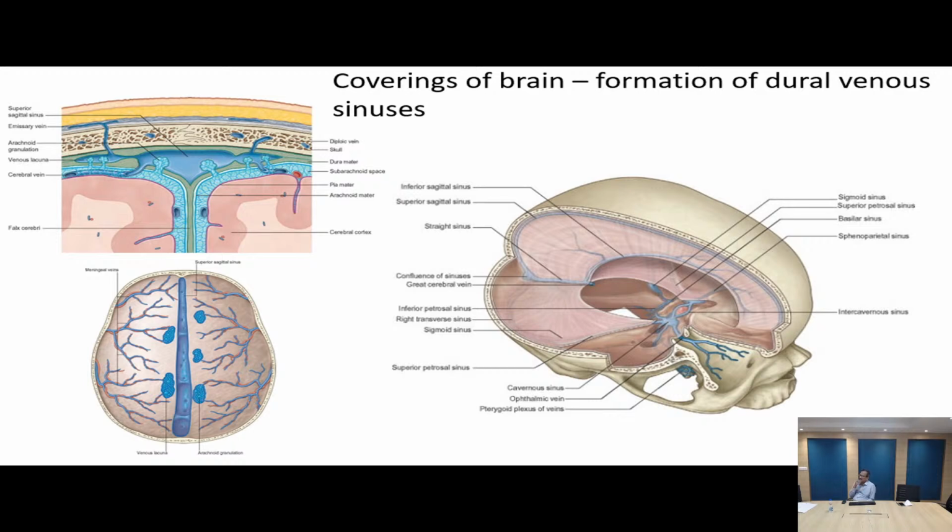Many youngsters, whenever they develop some acne, tend to squeeze it, and sometimes when they squeeze the acne, the bacteria from there spread through the facial vein, which does not have valves to control its flow. It will flow backwards, go through the superior ophthalmic vein, inferior ophthalmic vein, and also through the pterygoid venous plexus to the cavernous sinus, which will have an infection, and the person will have high fever.